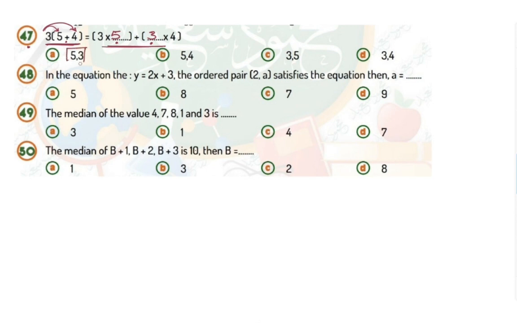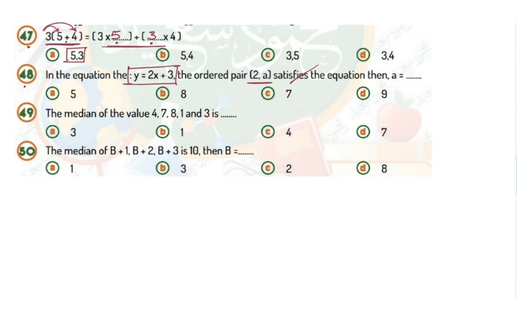5 and 3. Point 48. In the equation, y equals 2x plus 3. The ordered pair 2 and a satisfies the equation, then a equals what? So we have an equation here, and an ordered pair that satisfies the equation.